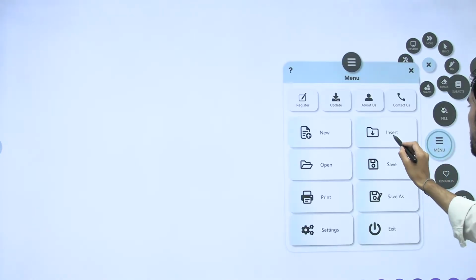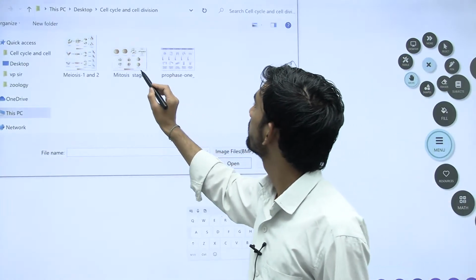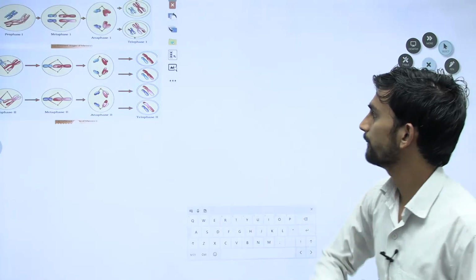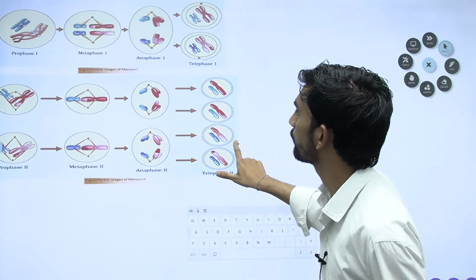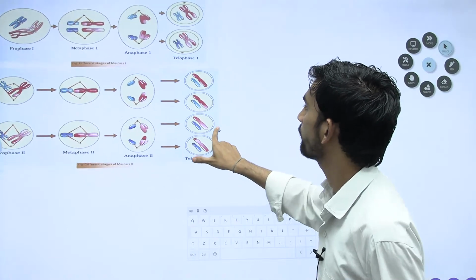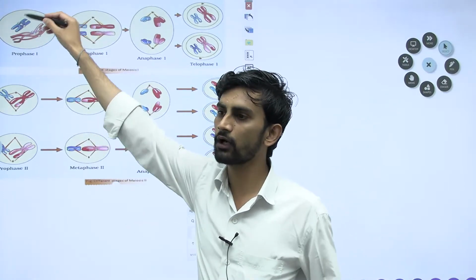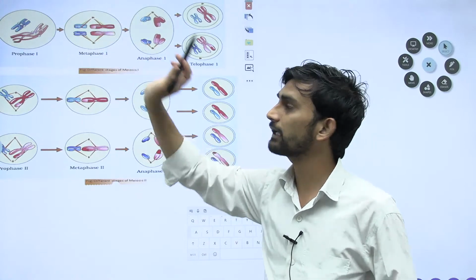In metaphase 1, a diagram is essential so you can easily understand. So here it is. This is meiosis. Overall prophase 1, what happened at the end of prophase 1 is shown, and then followed by metaphase 1.